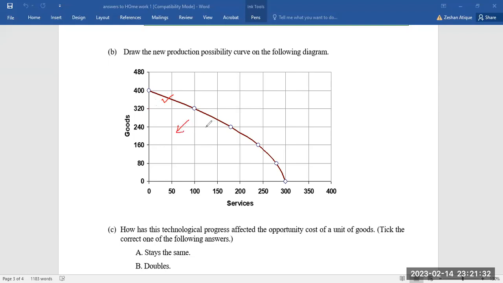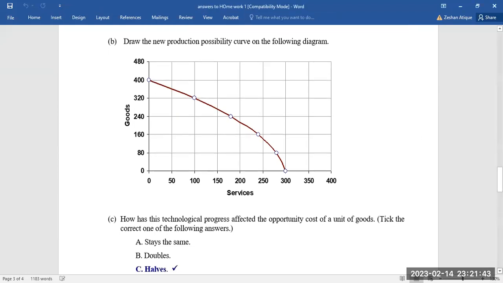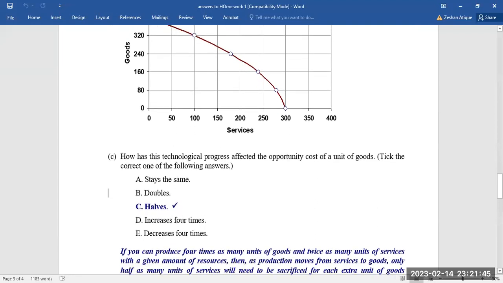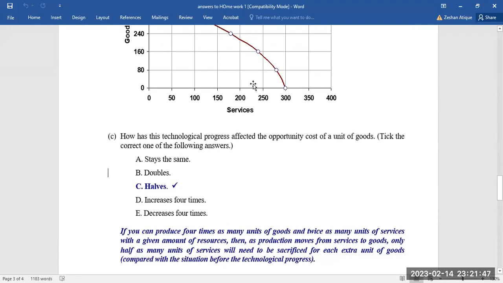The new one has shifted out because the technology has improved, increasing the production of goods by 4 folds and the production of services by 2 folds. You can draw this curve and the old curve, and see how the curve has shifted. Technology improves the output of a country, and that improvement is shown by the shifting of the production possibility frontier rightwards.